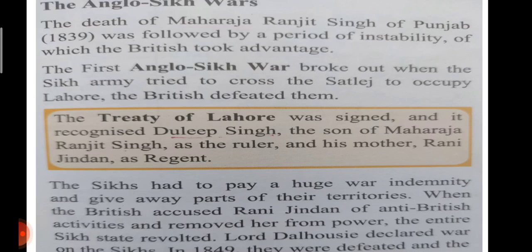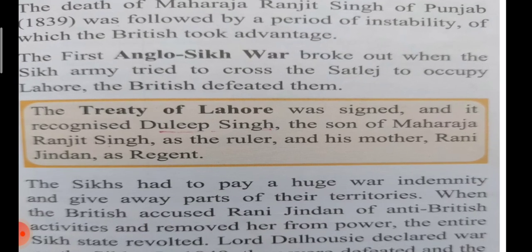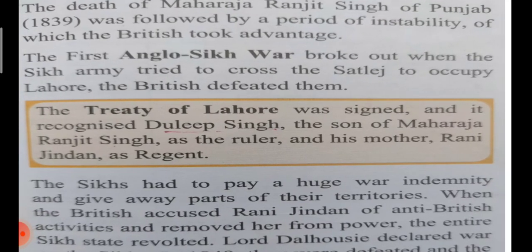The British defeated them. The Treaty of Lahore was signed and it recognized Dalip Singh, the son of Maharaja Ranjit Singh, as the ruler and his mother Rani Jindan as regent. The Sikhs had to pay a huge war indemnity and give away a part of their territories.